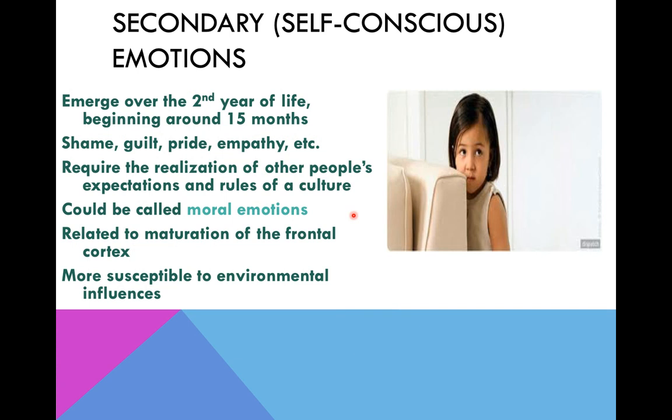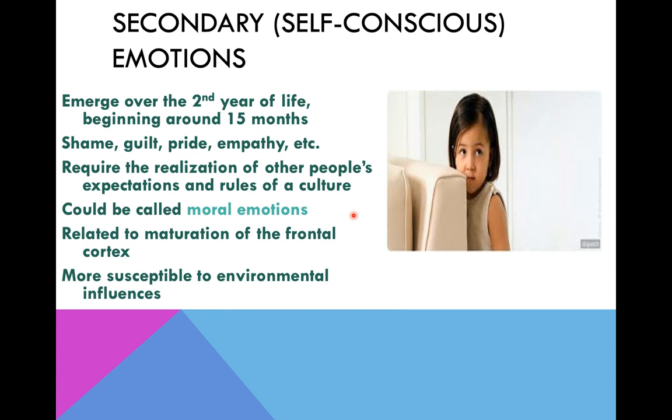Then we have secondary emotions, and secondary emotions are also called self-conscious emotions, and they emerge around the second year of life, usually between 12 and 16 months. And these are shame, guilt, pride, empathy.